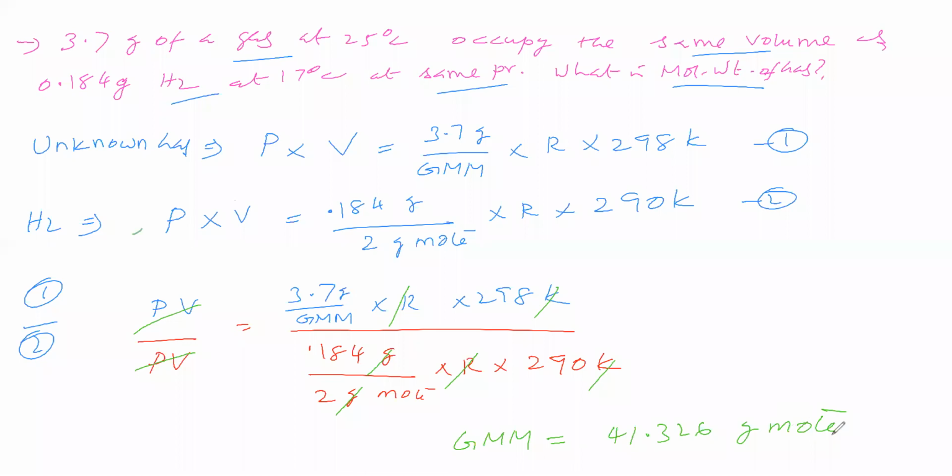Now I will go to the next question. 5 gram of ethane are confined in a bulb of 1 liter capacity.